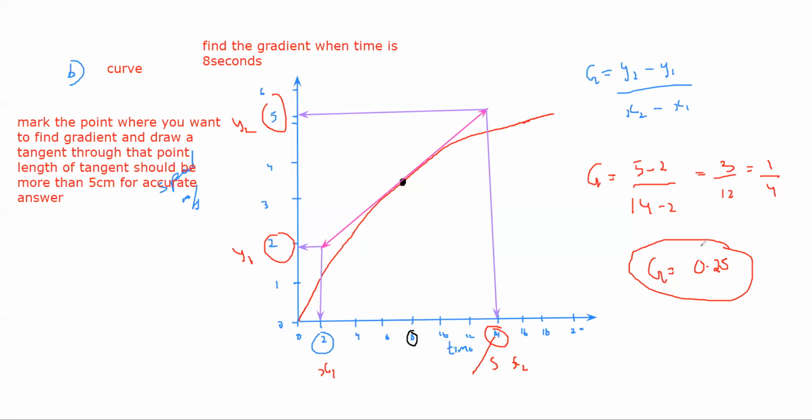So if the question was find a gradient when time is equal to 10 seconds, in that question, you will mark the point where time is equal to 10 and you will draw a tangent at 10.